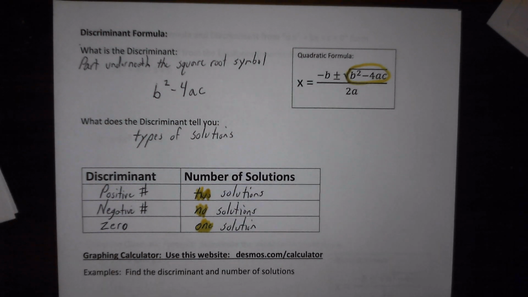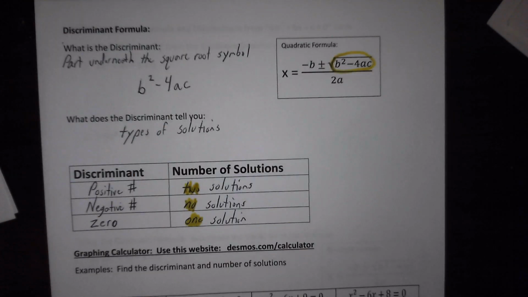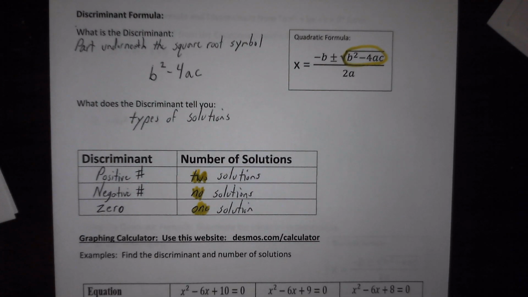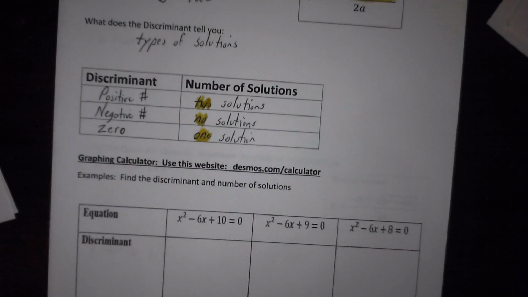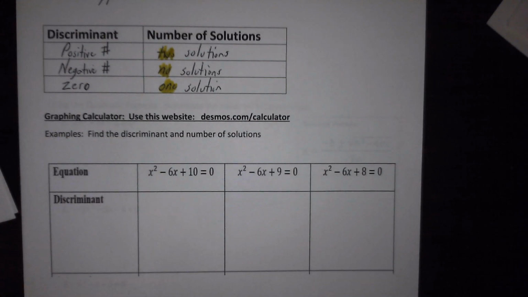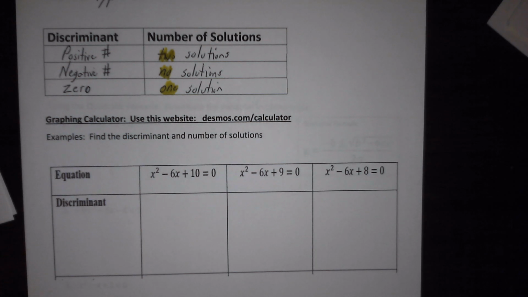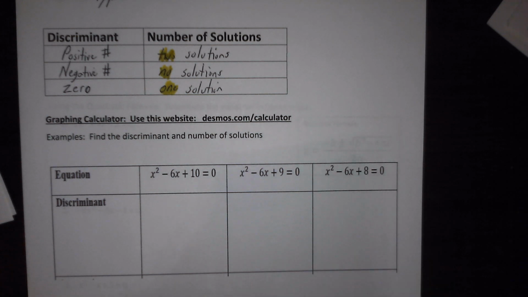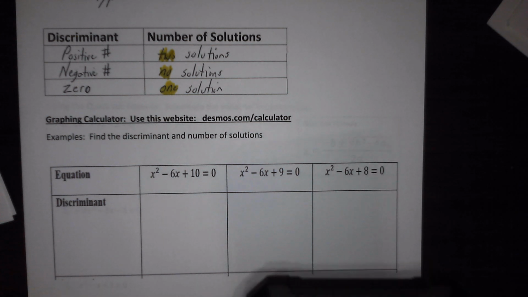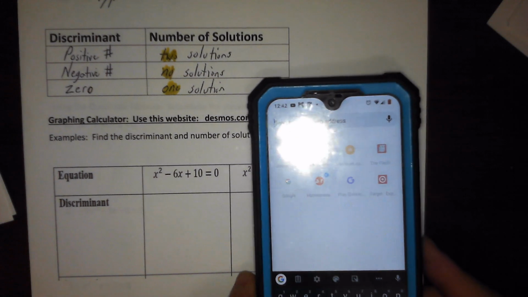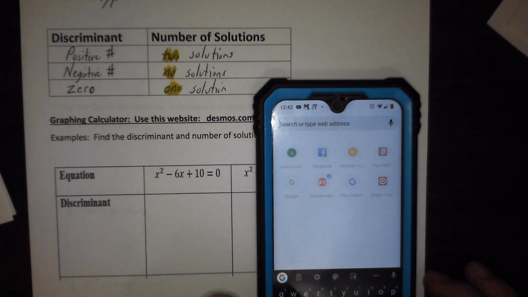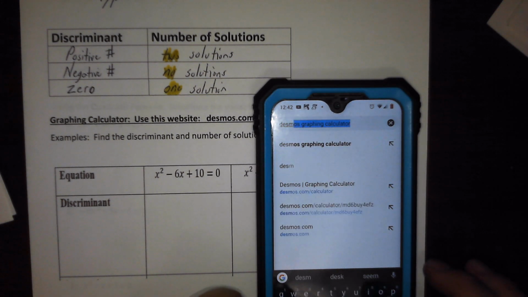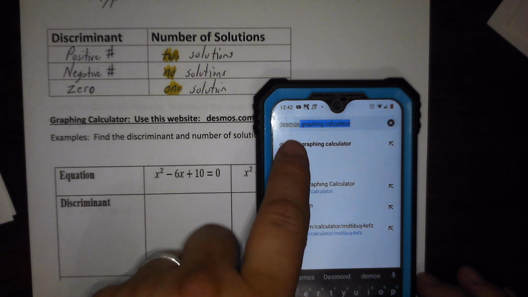Okay, so let's talk about actually doing the discriminant. I know we don't have our Inspires, but there is something we can use: desmos.com/calculator.